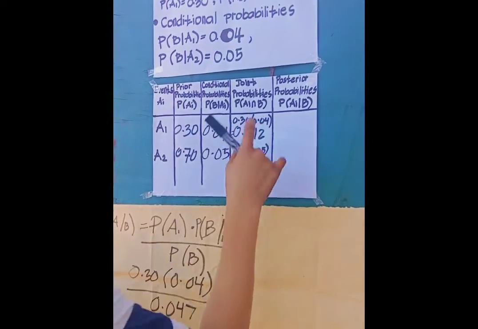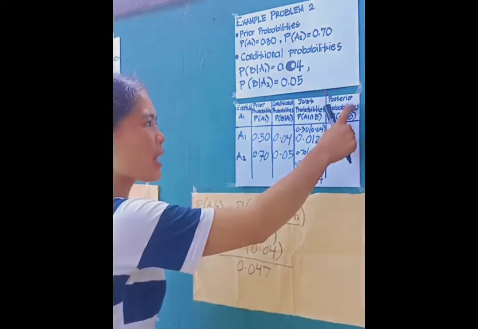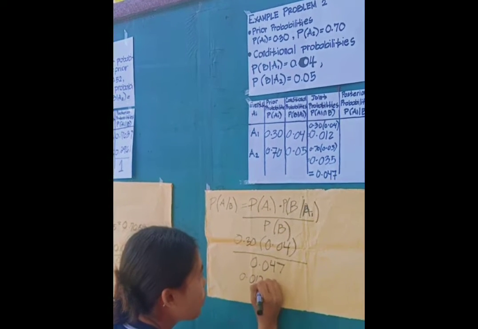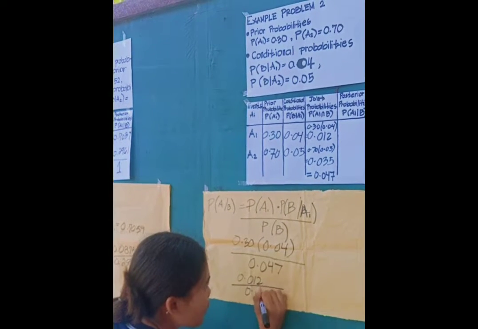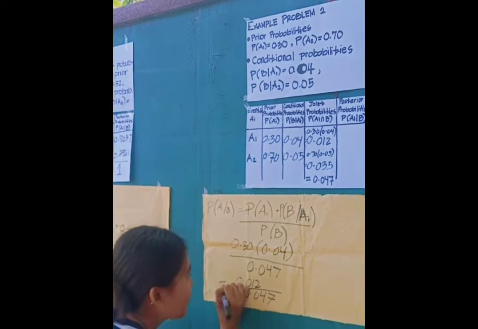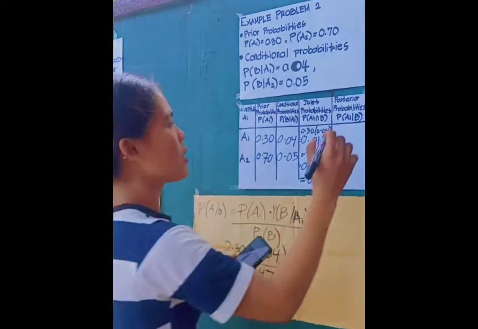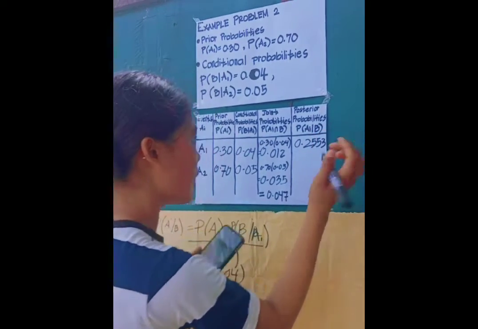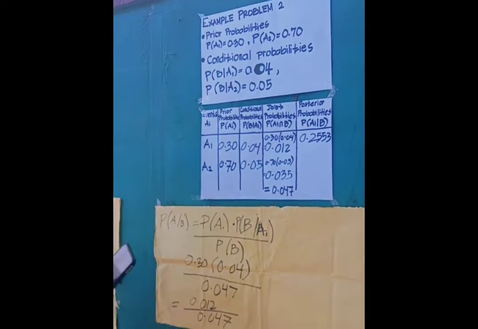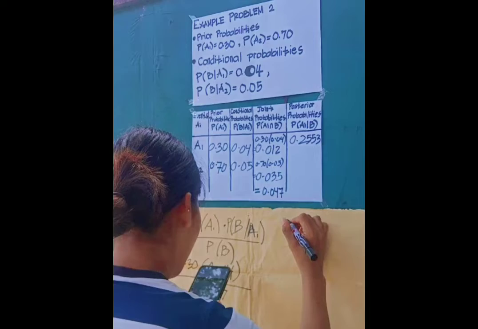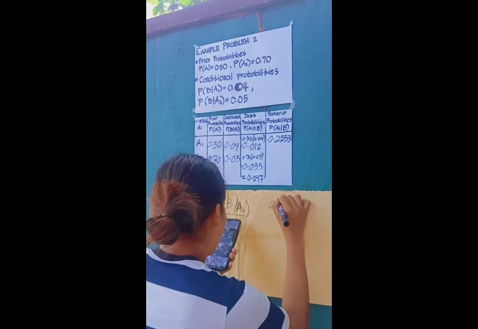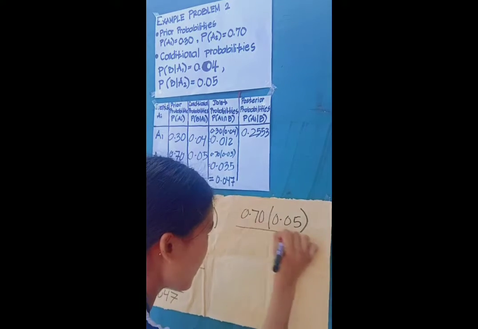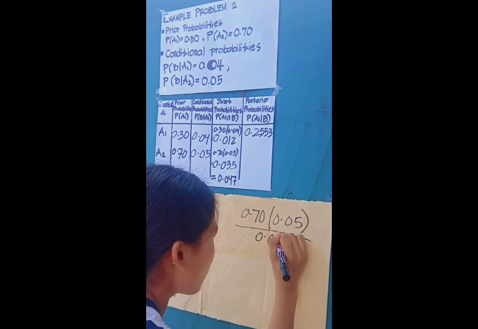Then to get the posterior probabilities, 0.012 divided by 0.047 is equal to 0.2553. And then the E sub 2, 0.70 times 0.05 divided by 0.047.